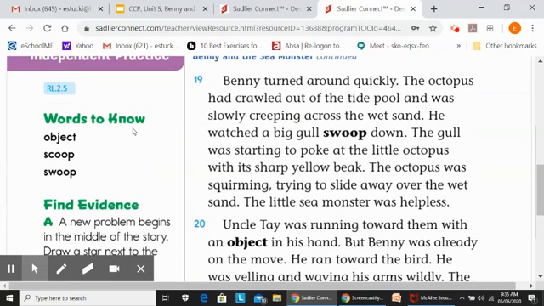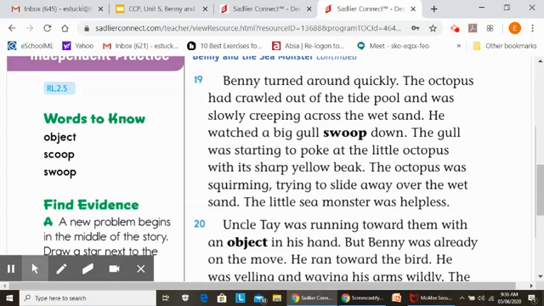Right, let's quickly look at the words we have to know in the story that comes up. The word object only means something, a small thing, something you can hold, you can see, you can touch. An object. Right. Scoop, the word scoop means to pick up. You scoop up something.